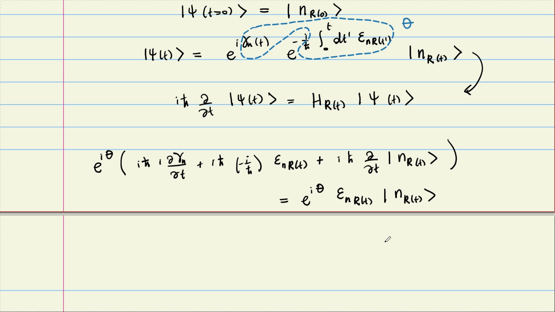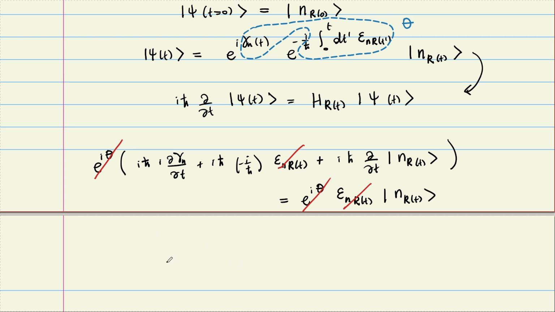Okay, so this is the equation. First, this e to the i theta did its job, and thank you, and we just get rid of it. And you can see i minus i is 1, h bar 1, and this epsilon is going to cancel this epsilon, so this is also thank you. What remains is these two terms.